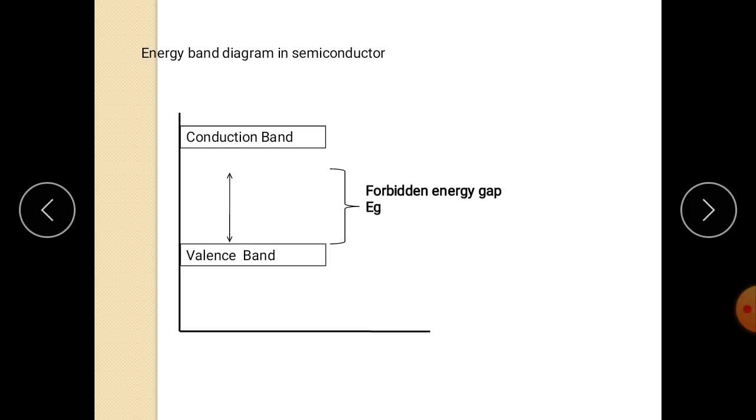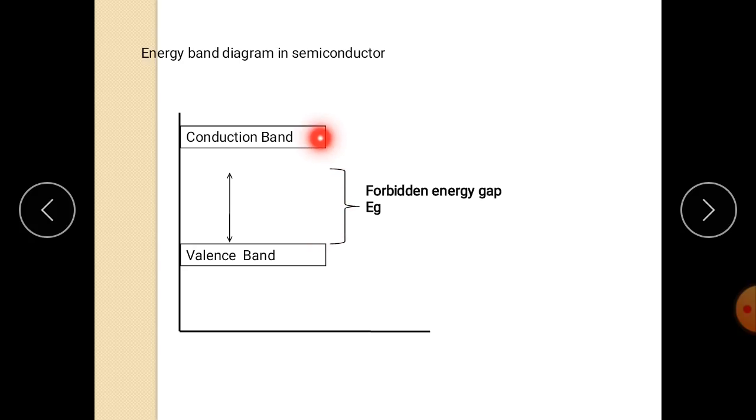However, with increase in temperature, the width of the forbidden energy band gap decreases, so that some of the electrons are liberated into the conduction band.